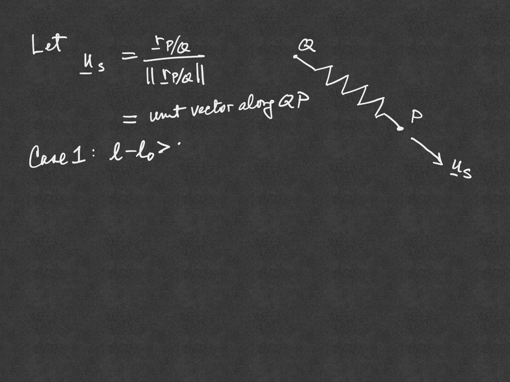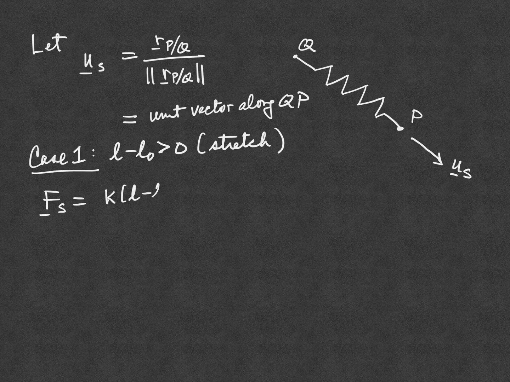So now let's consider both cases using the information that we just developed. Case 1 is L minus L0 is greater than 0. This is the case of stretch. In the case of stretch, we know that the spring force is proportional to K times L minus L0. Now we have to get the direction of the force correct.